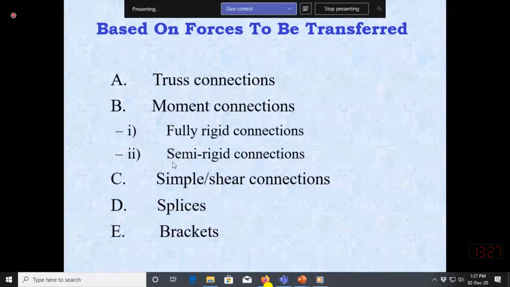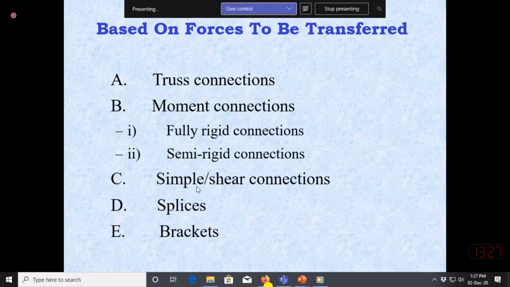Semi-rigid ones partially transfer the moment from one part to the other. Normally the range is between 20 to 90%. And simple connections or shear connections do not transfer any moment from one member to the other member, just the shear forces.